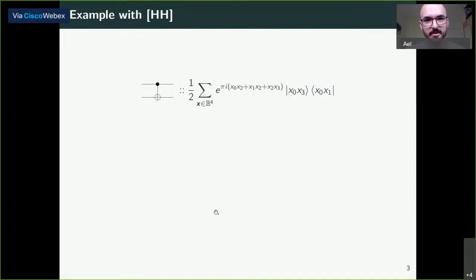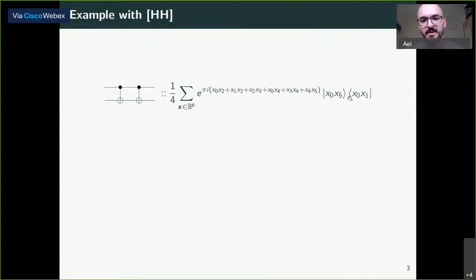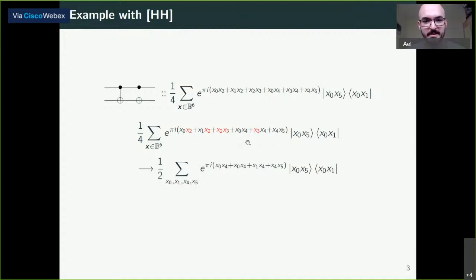An example of use of this rule can be with this expression of a CNOT gate. If you compose two of them, you get this expression. Well, it's ugly, but don't worry. Here you can see that you can apply the HH rule on the two variables x2 and x3, and afterwards, every instance of x2 is going to be replaced with the variable x4, by reducing with the HH law.